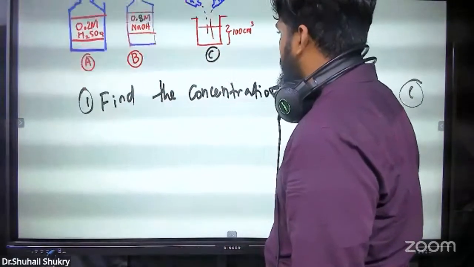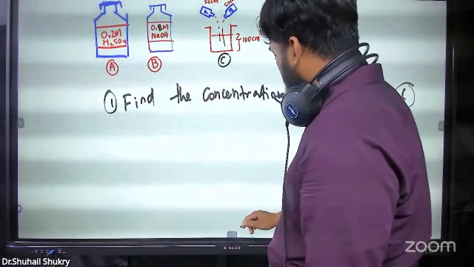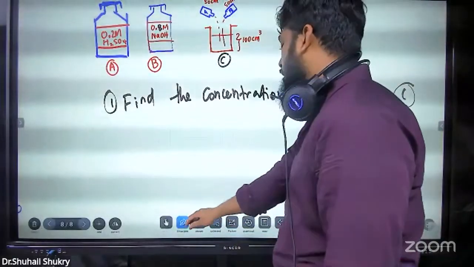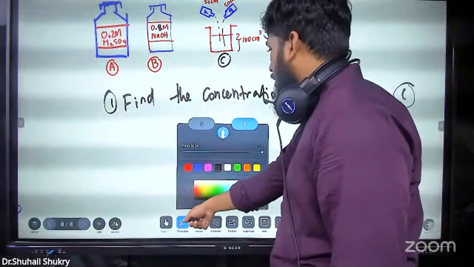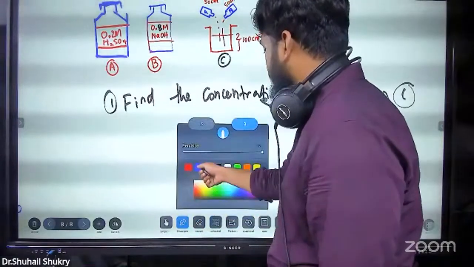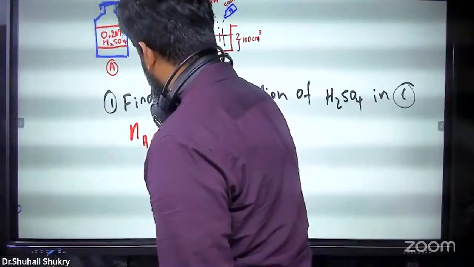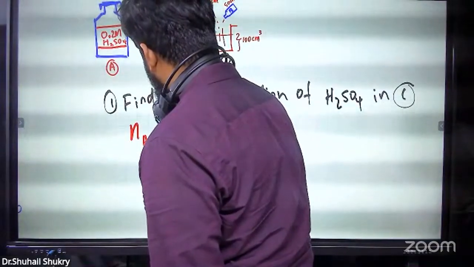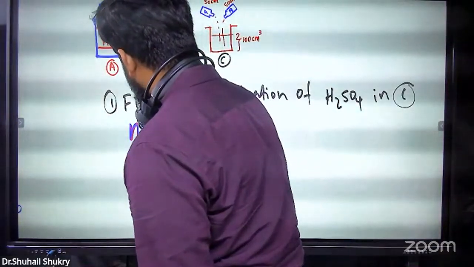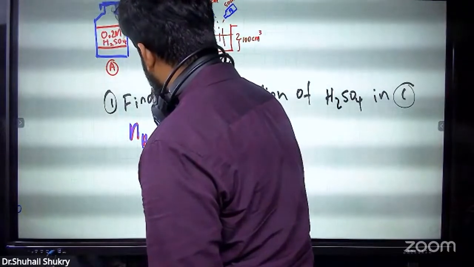First, I will show the longest way. If you think with logic, how will you do this? First you will find n of H2SO4. You have already found n of H2SO4 in the previous one.